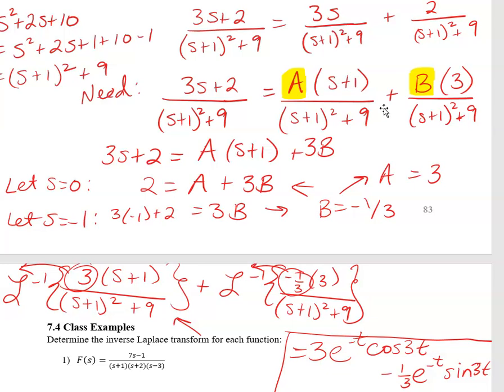And it might require a little bit of algebraic manipulation, and that's what we did here. This expression, 3 times s plus 1, plus or minus 1/3 times 3 over that common denominator is equivalent to this. It's the same function, just rewritten in the format we need it to be.